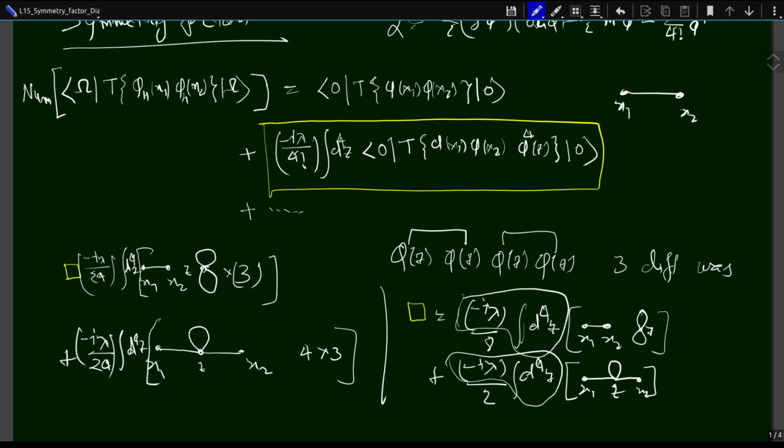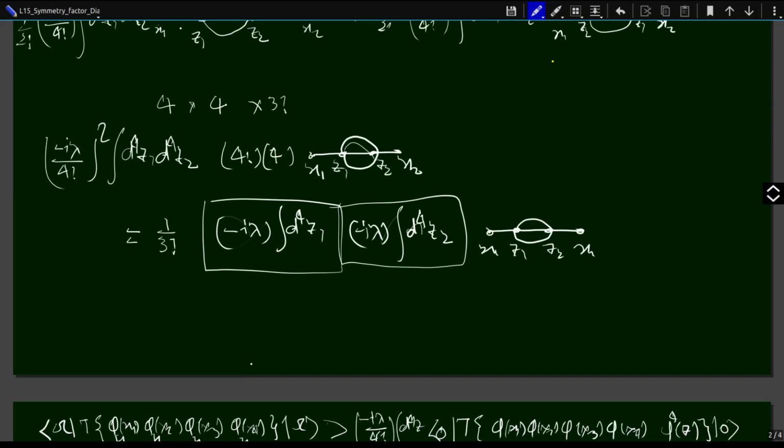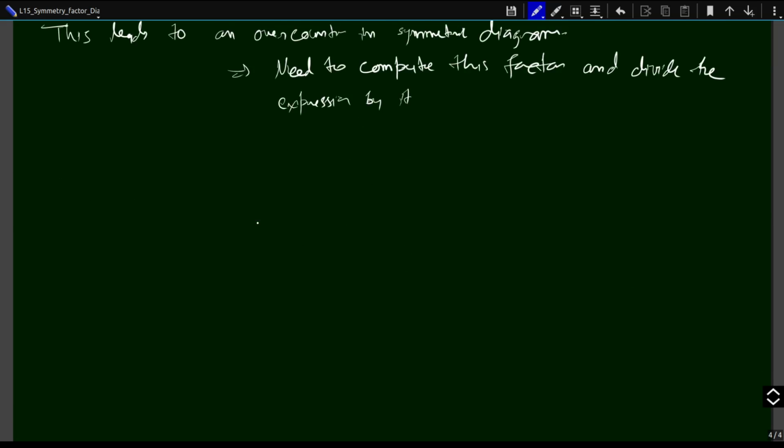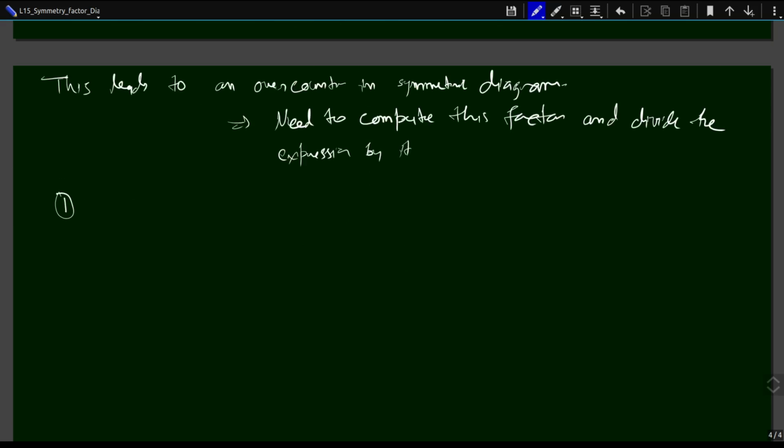If between any pair of vertices there is only one propagator, there is no other need to do this. So these are the two things I figured out for finding the symmetry factor. First: permute identical propagators between two vertices.